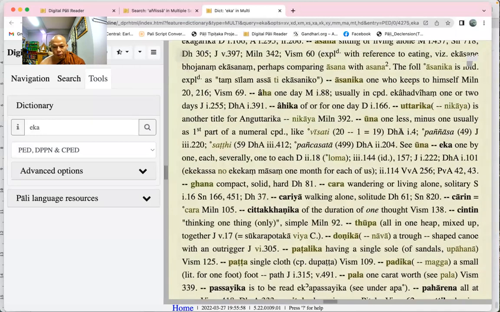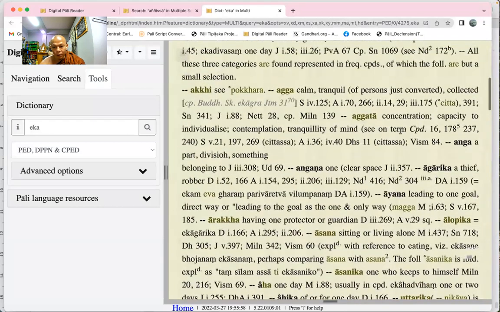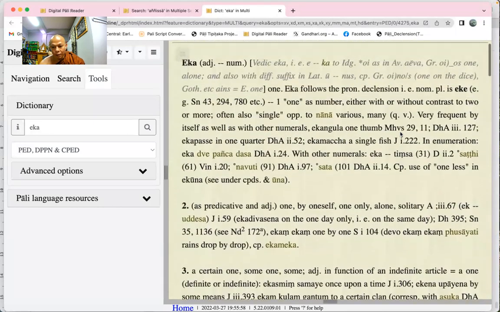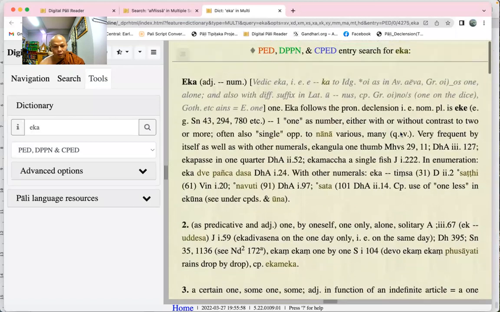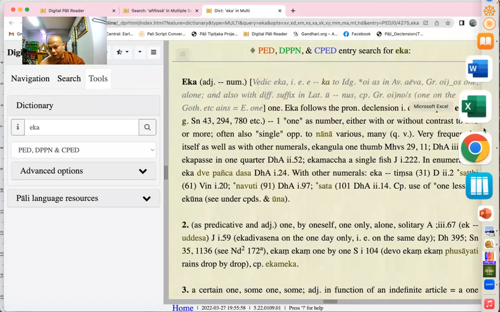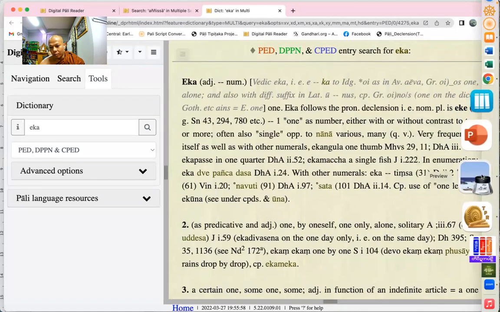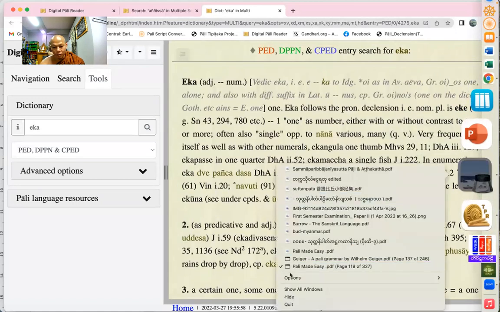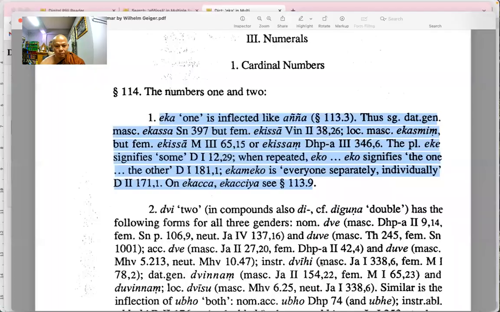Eka and una are not included in the declension, but that was in the previous book already, the Geiger. So here you see, for the locative ekasmim, but for the feminine, ekesa and ekesam. Dative and genitive also ekesa, we already did that one.